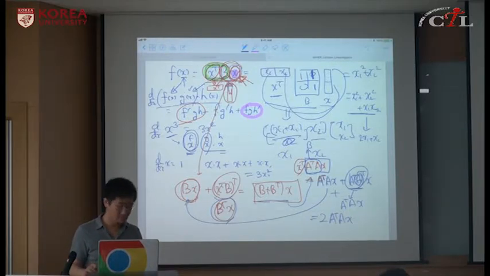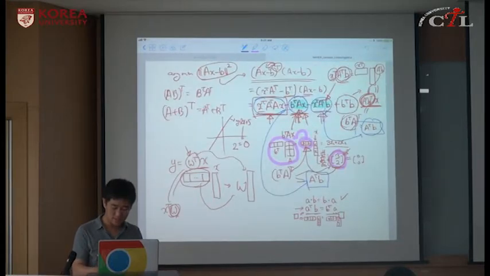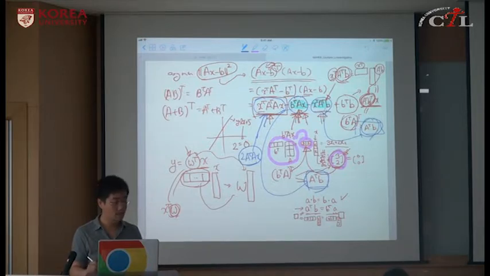Okay, so we are almost done. So this guy is the gradient of this guy. Okay, so this guy is 2 A transpose AX. Okay, and then we have this guy and this guy, and then we also have a minus sign over here.